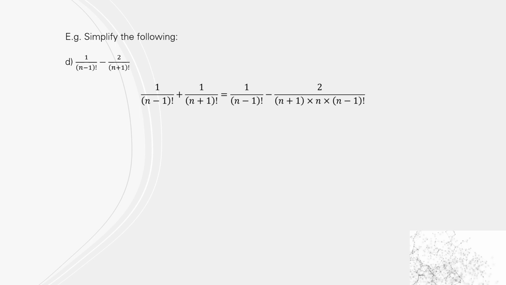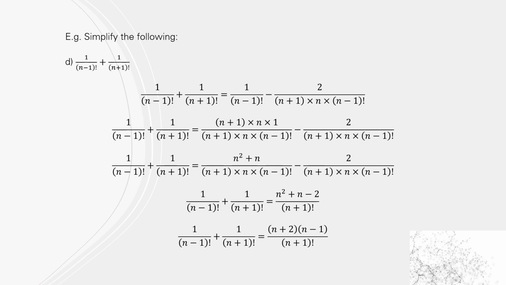The first fraction is missing n plus 1 times n, so we're going to multiply the top and bottom by that. When you multiply the top and bottom, you get n plus 1 times n. On the top, you get n squared plus n. On the bottom, you get n plus 1 times n, or n plus 1 factorial.